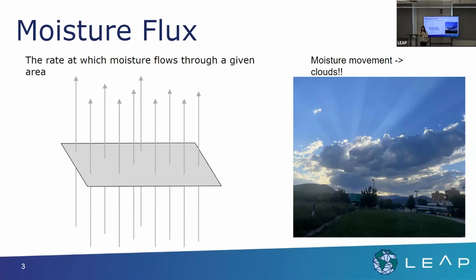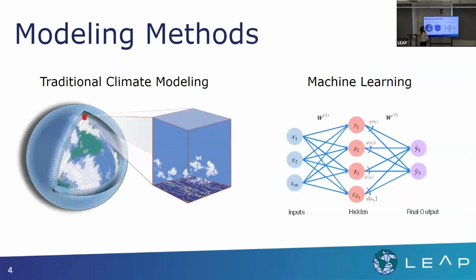That's why I want to study and improve the modeling of this variable, because of the impact that moisture flux has on cloud development and precipitation. A little bit about traditional and new climate modeling methods that we have today. As you just saw from the presentation, we have a grid and equations within that grid that model atmospheric processes.